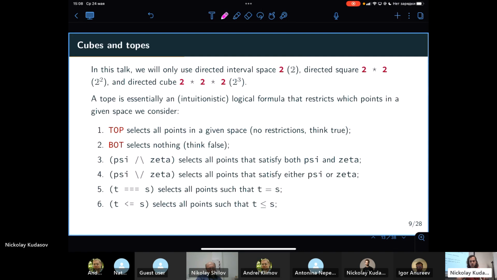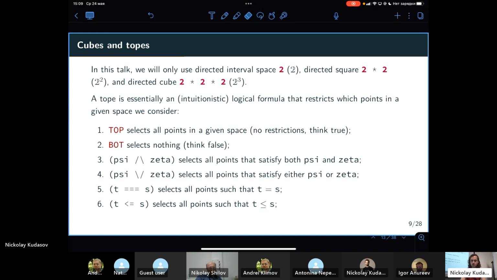So just to give you a couple of examples of actual code, we'll only consider again this directed interval space, which in the code is written 2. In math notation, it's written with a mathematically bold 2. And then we also can have a directed square.